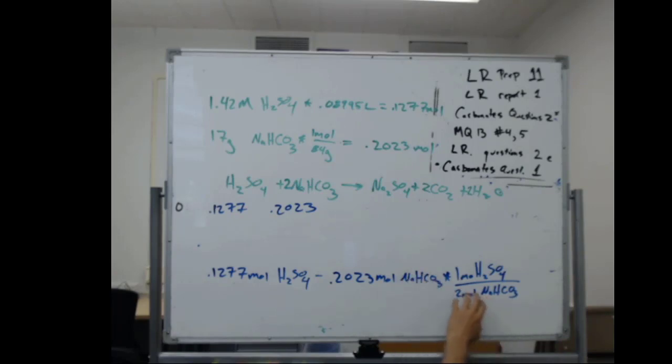This is why I have to be careful and make sure I write down my units properly, because this way I can see what cancels, and I'm going to get sulfuric acid minus sulfuric acid with bicarbonate canceling out.